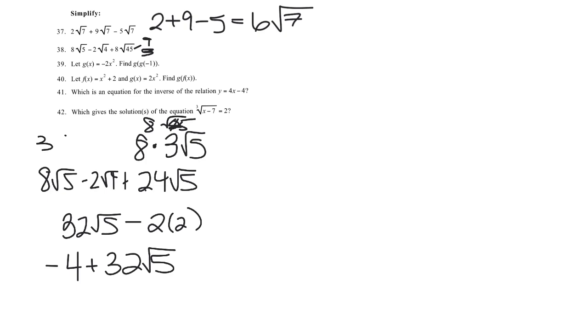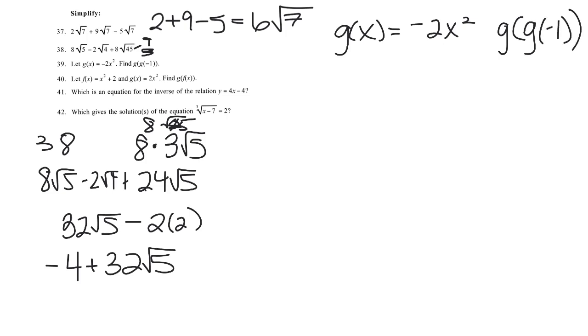That's 38. Let g of x equal negative 2x squared. Find g of g of negative 1. What that means is I'm going to plug negative 1 into g, and then I'm going to take that number and plug that into g again.